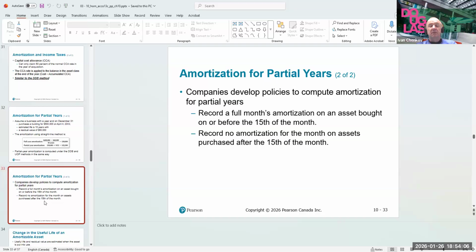What's going to happen if we don't purchase the asset on the first of the month, but we purchase it somewhere in the midpoint of the month? Well, it depends. There are few approaches.